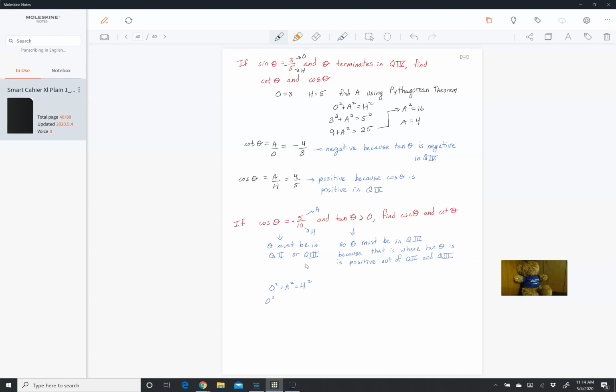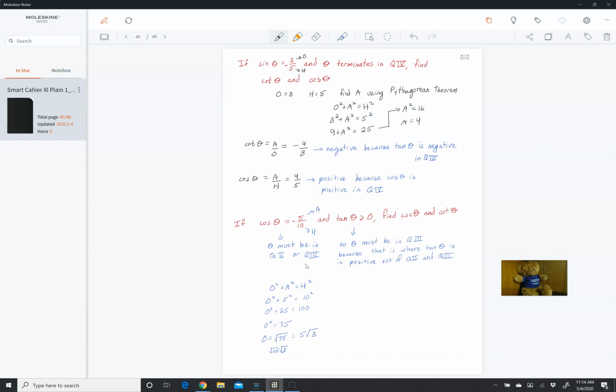So O squared plus 5 squared is equal to 10 squared, or O squared plus 25 is equal to 100. O squared is equal to 75. O is equal to the square root of 75, which is 5 root 3. Right? This is square root 25, square root 3. So O is equal to 5 root 3.